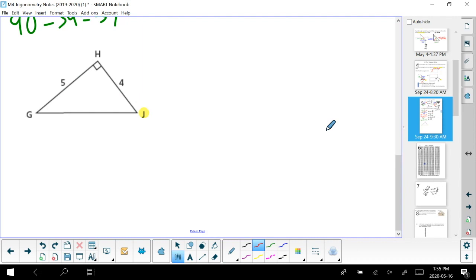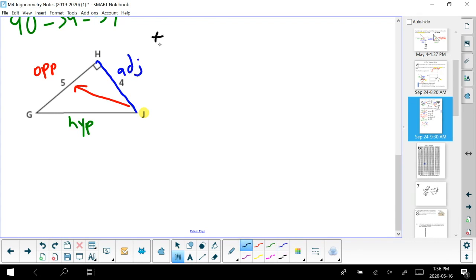So this is our reference angle, and directly across, I'll do that again in red, directly across from angle J is going to be my opposite side. My hypotenuse stays the same because, again, it is directly across from my right angle here in the corner. And then right beside my reference angle is my adjacent side.